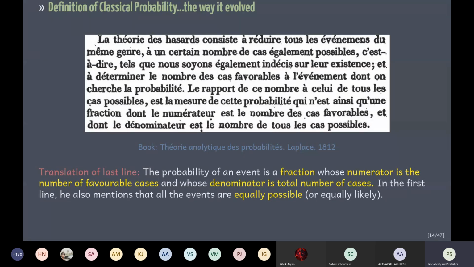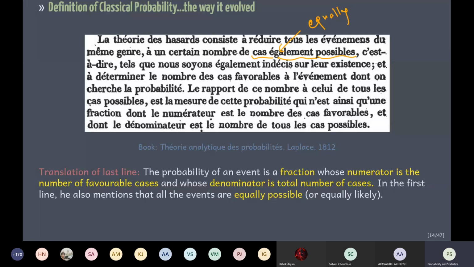Another thing to note is what he's trying to say here, in this line: equally possible. What he's also emphasizing is that all events must be equally likely.